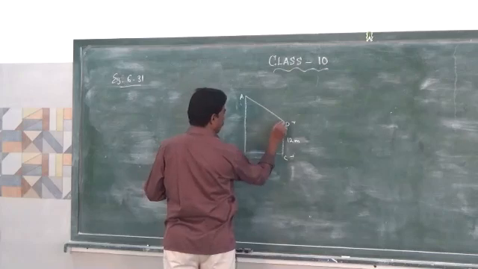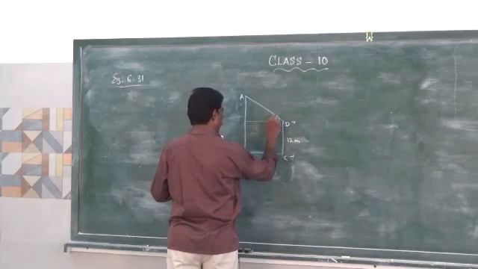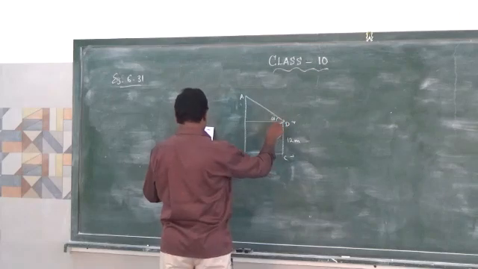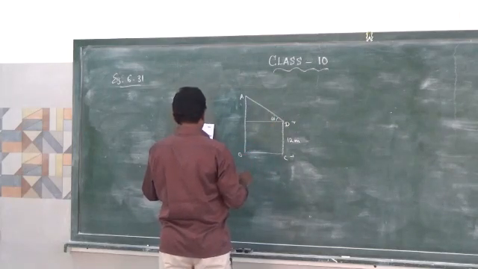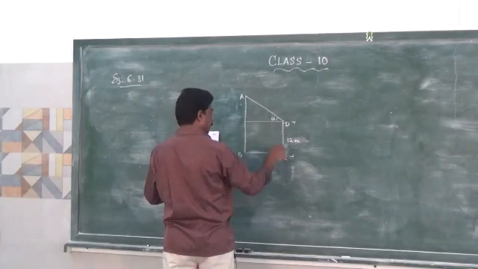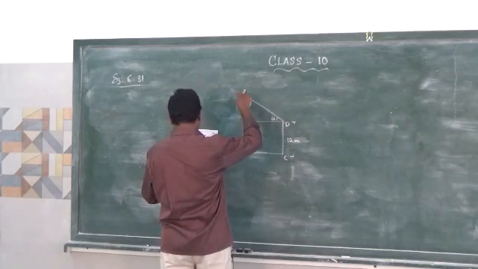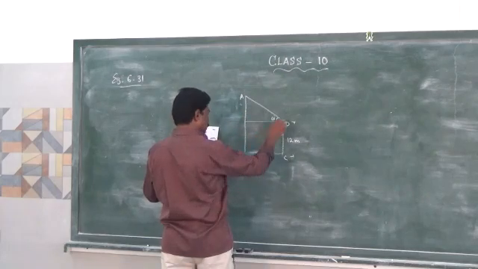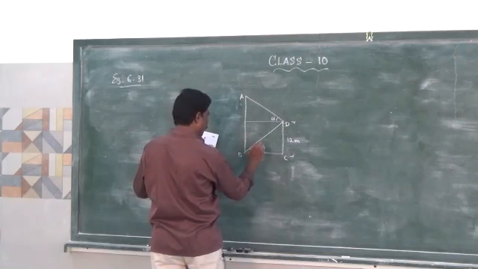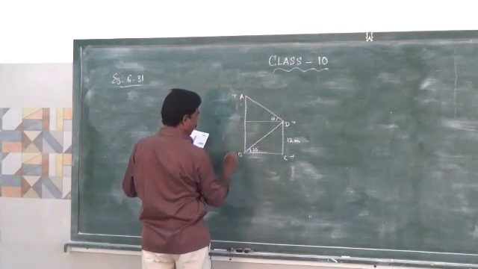From here the angle of elevation is 60 degree, and from here the angle of depression is 30 degree. From the top of the 12-meter high building, the angle of elevation of the top of the cable tower is 60 and the angle of depression of its foot is 30 degree. You have to find the height of the tower.